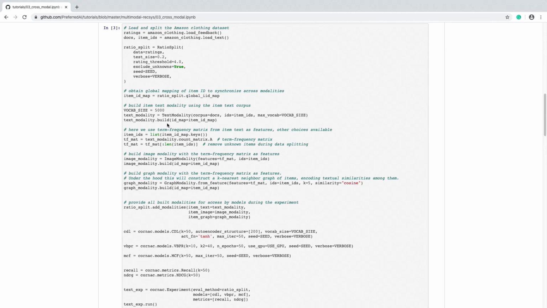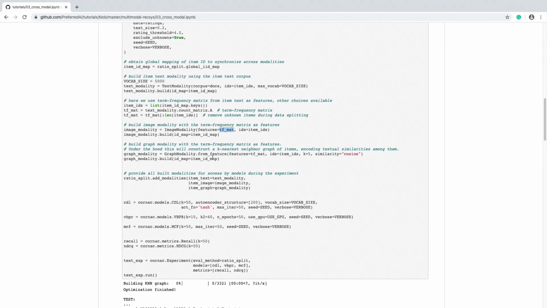So if we take a look quickly here, we build this text modality. And once we build this text modality, we take the count matrix, which is the document word matrix here, as a feature matrix. Then we can build an image modality that will be used by VBPR, but where we provide as input the term frequency matrix. And then for the graph modality part, it's a bit different, as I told you.